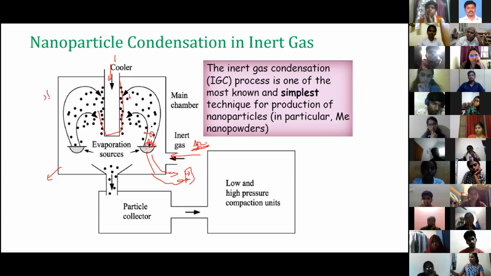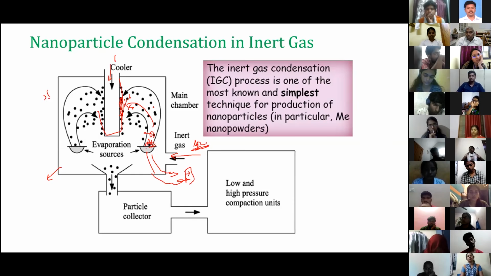Because of the thermal gradient, the vapor goes and deposits. While going, because of the inert gas, the atoms form particulates and deposit on that. If you want powder form, you can just scratch it off later. If you want a silicon film, you can put a silicon wafer here, and the vapor goes and deposits on the silicon wafer. Then a thin film of the material that you keep will be formed.